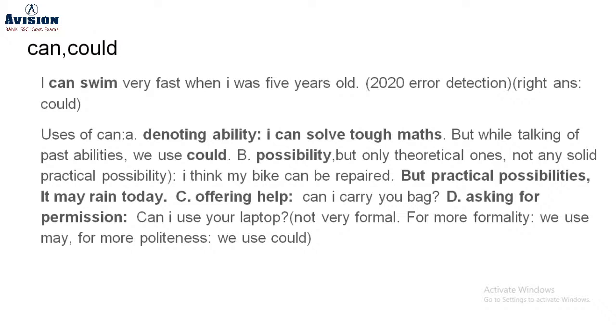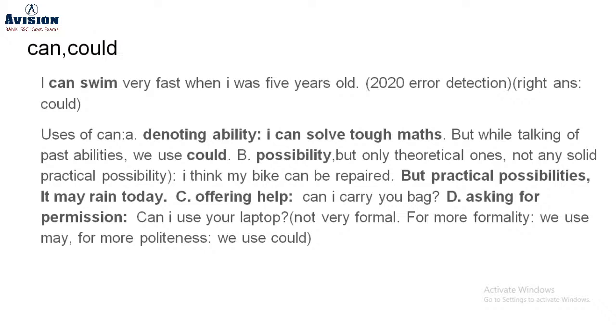So now let us study the uses of can. Mostly it is used for denoting any ability. For example, I can solve tough maths, I can do this, I can climb the stairs very fast. It denotes any ability, some task which you are capable of.